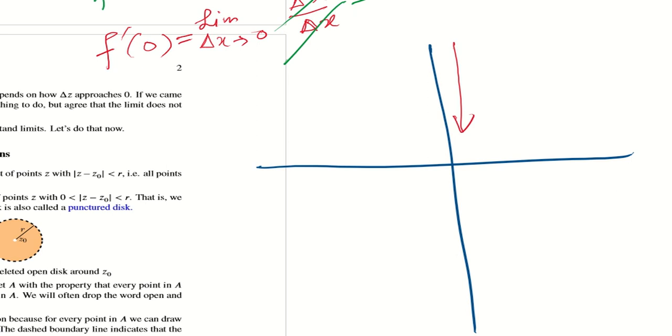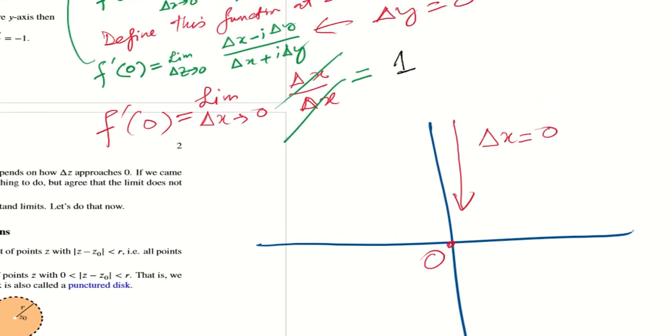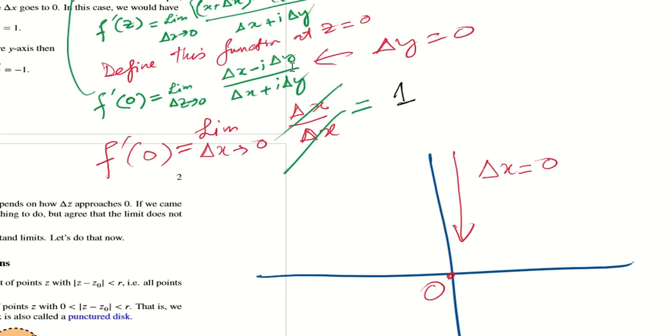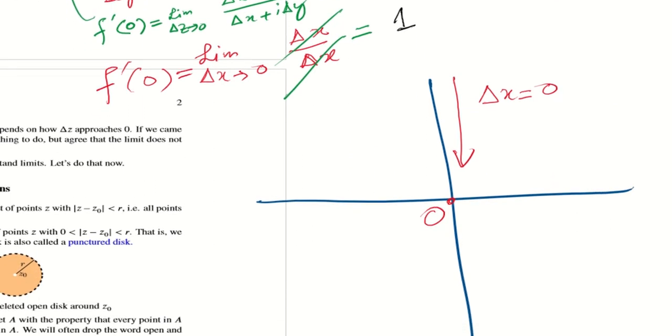So this is our 0. So here we have to set delta x equal to 0 in that equation, in the primary equation for the derivative, this equation here. So if we set delta x equal to 0, the derivative definition now becomes, so now how do we apply the limit.